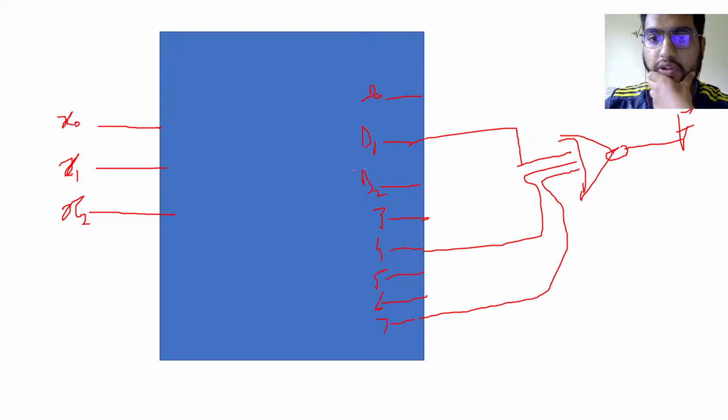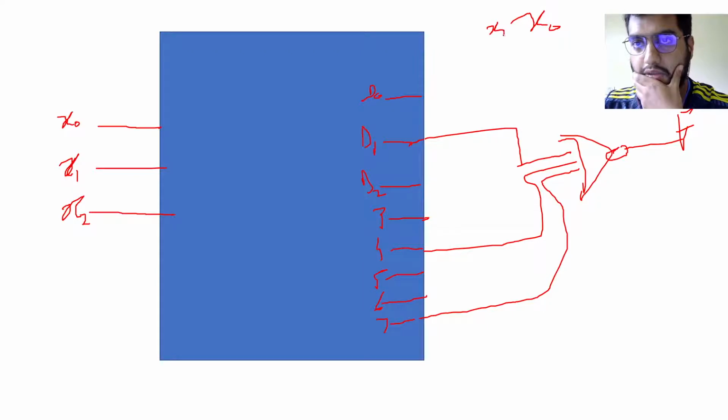So if we look at this, D1 is simply equal to x2' x1' x0, and D4 will be x2 x1' x0'.